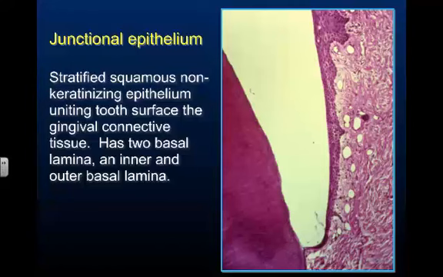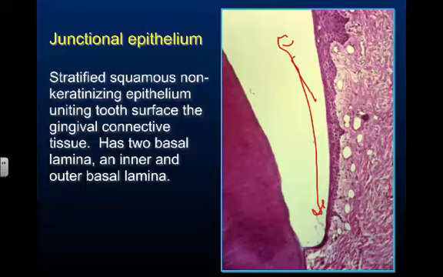The junctional epithelium, which is kind of interesting, is stratified squamous non-keratinized epithelium. It holds onto the tooth surface. What makes junctional epithelium unique and different from sulcular epithelium is that it has two basement membranes, because it covers two surfaces.